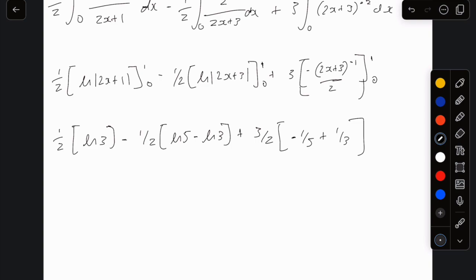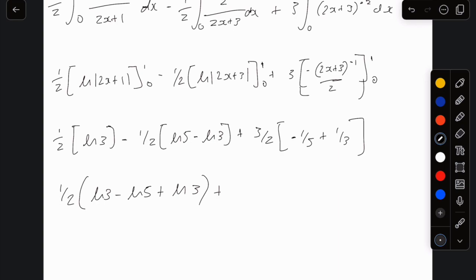Well, what this is going to give me now is a half of ln 3 minus ln 5 plus ln 3, because remember we've taken out half here and you're multiplying in, and what we're going to say is it's going to equal what?